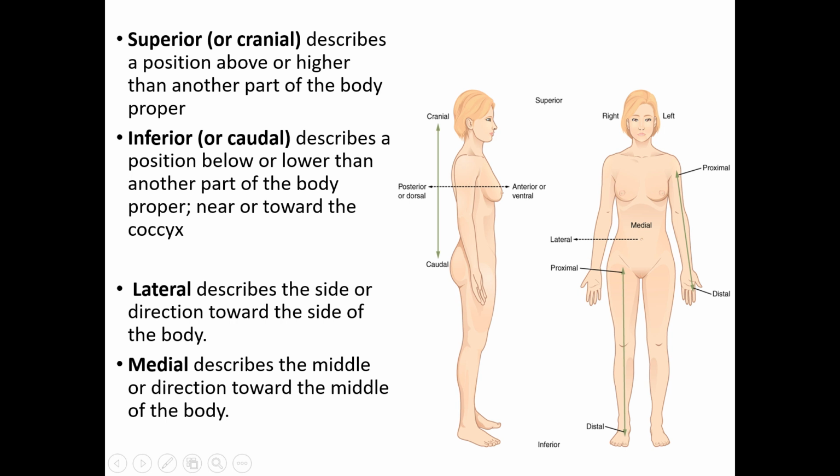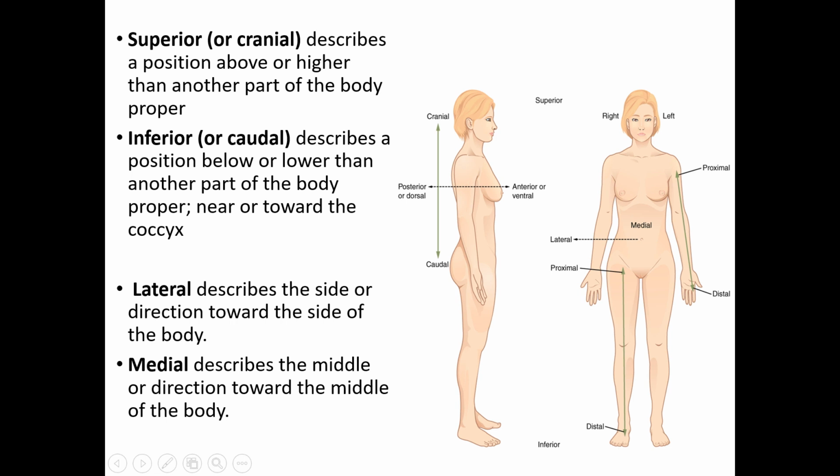Next pair of directional terms. Superior describes a structure that is located closer to the top of the body, sometimes called cranial. Inferior describes a structure that is closer to the feet or to the lowest part of the body. For example, our head and our shoulder.